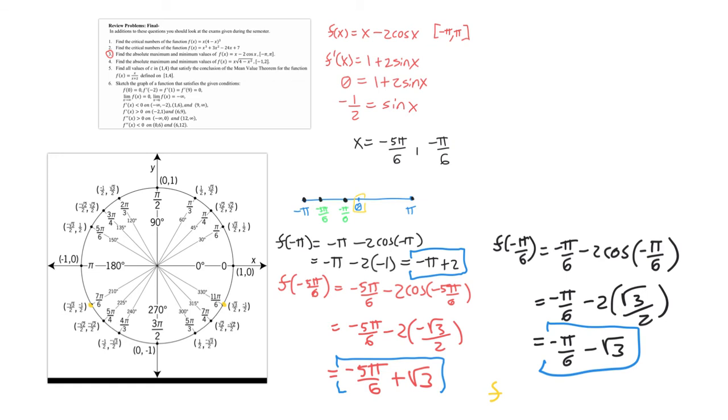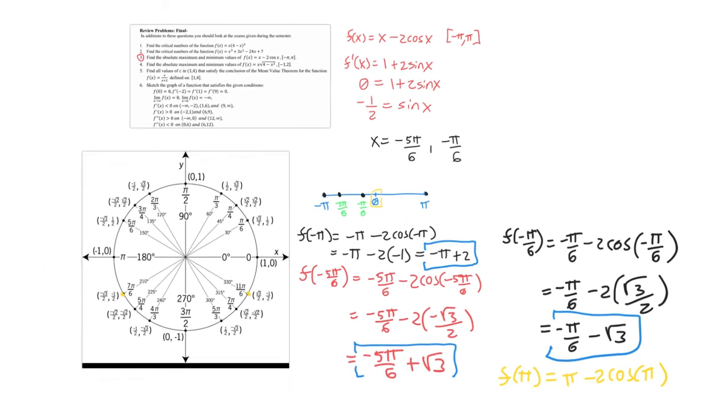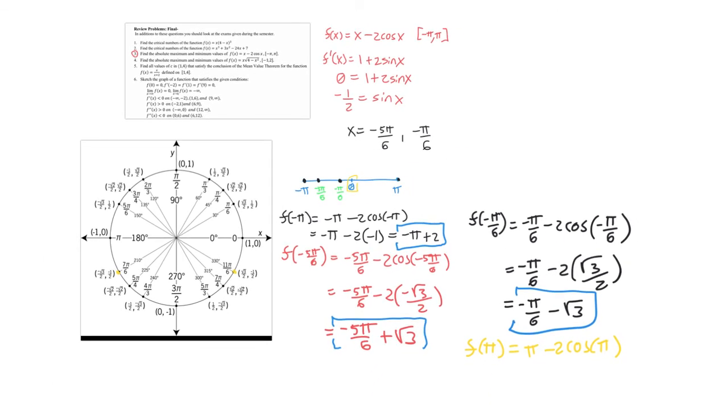So we have f of pi this time, and that's going to become pi minus 2 times cosine of pi. Now we already said that cosine of pi is -1, so that's going to become pi minus 2 times -1, and that is equal to pi plus 2.